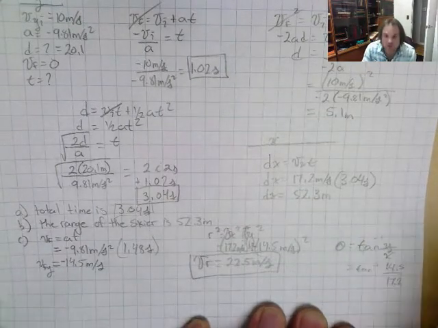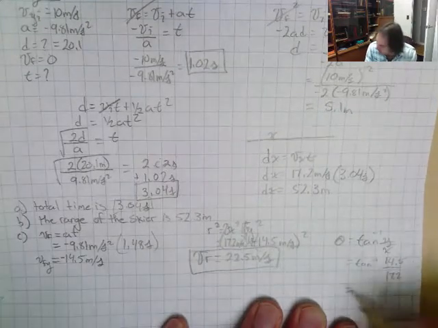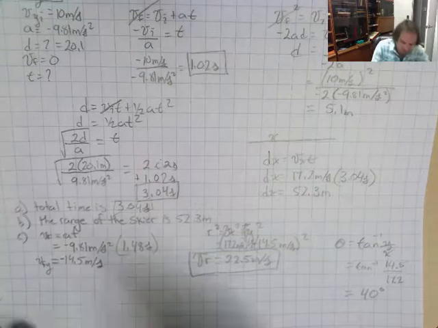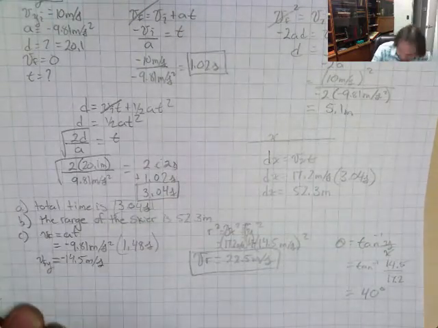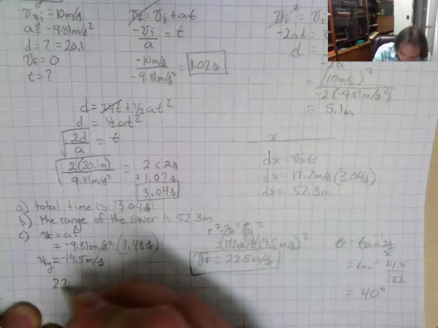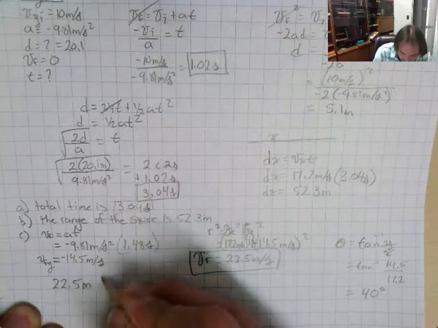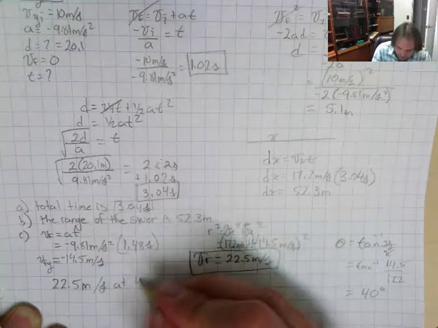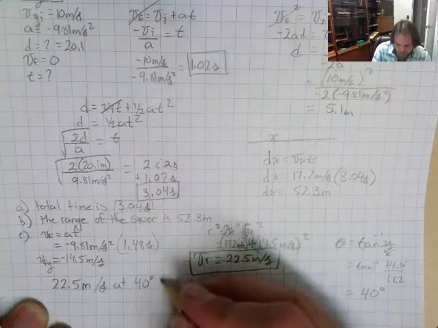That's going to give me a total of 40 degrees. So C is going to be 22.5 meters per second at 40 degrees below the horizontal.